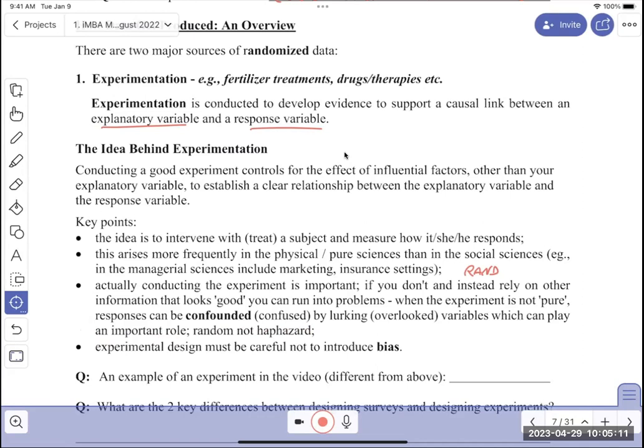Okay, so I'm going to talk a bit about hormone replacement therapy.